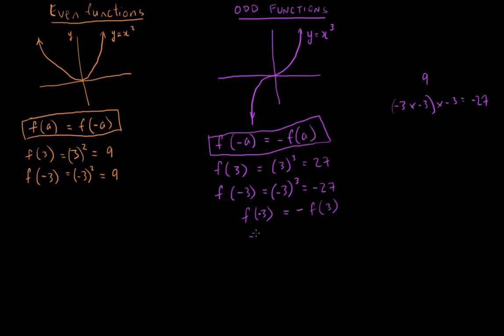So this is minus 27 here. It's equal to minus, and f of 3 is of course the 27 here. Okay, and this minus 27 comes from here.